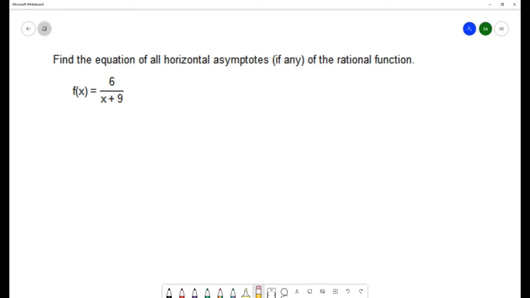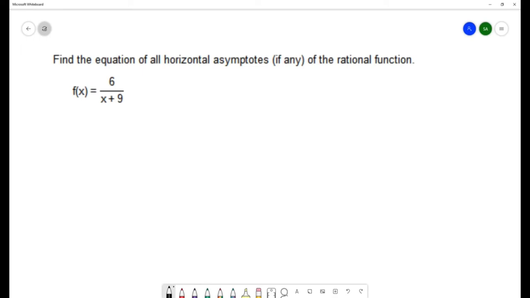Since we're doing this in an algebra class, a bunch of scenarios or cases have been summarized for us, and we're going to memorize those different cases and be able to identify the horizontal asymptote from that summary. So we do have a little bit of memorization to do to be able to answer these type of questions.